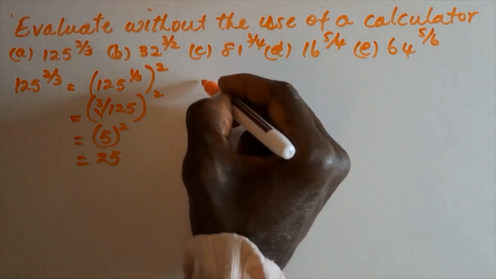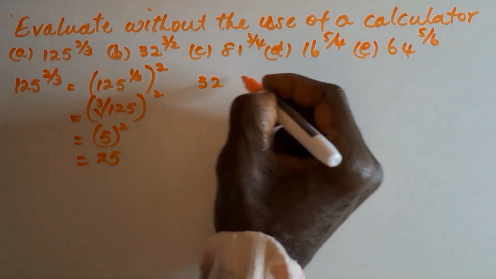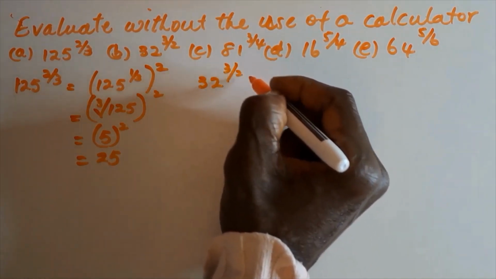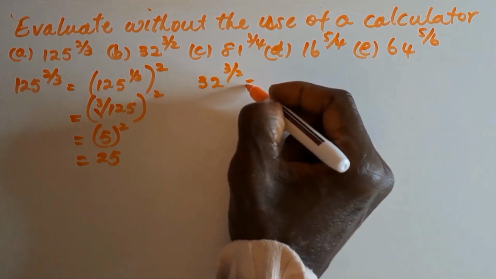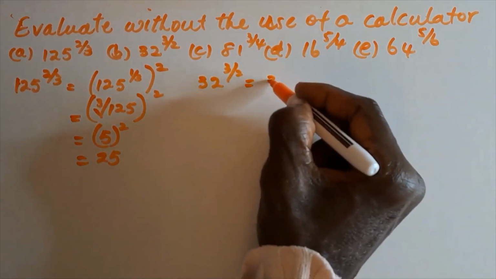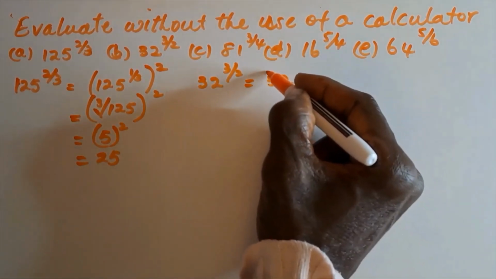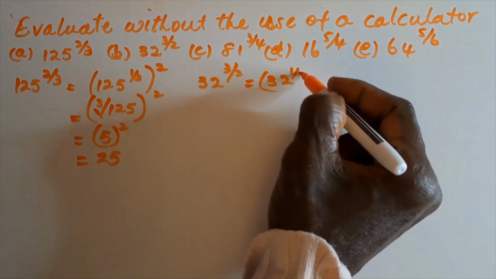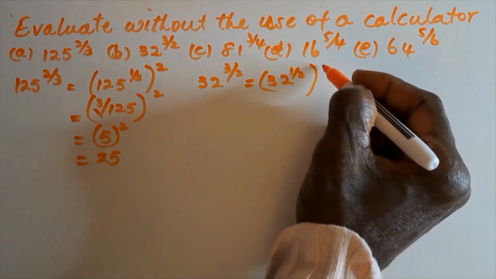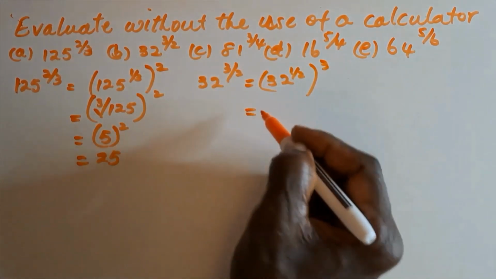Next we have 32 raised to the power 3/2. This gives us, again, 32 to the half. That's the square root of 32, and then we cube it.